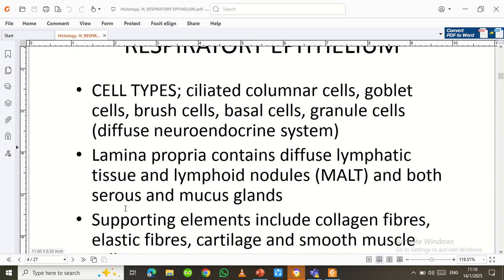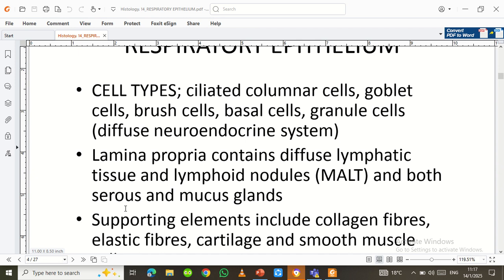You need the cilia, remember, for the mucociliary escalator effect, where you need the synchronous unidirectional beating of the cilia away from the lungs towards the epiglottis, sweeping the mucus that would have trapped bacteria, pathogens, and dust particles. That mucus has to be swallowed.